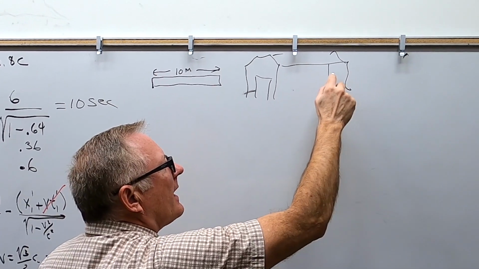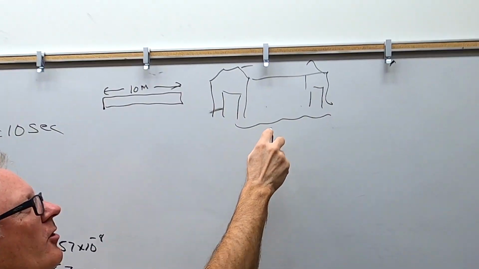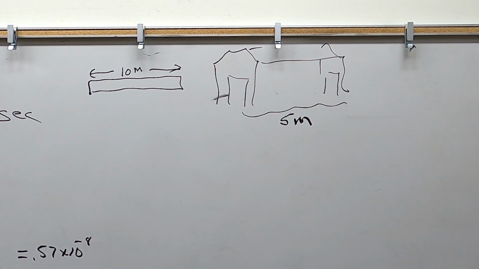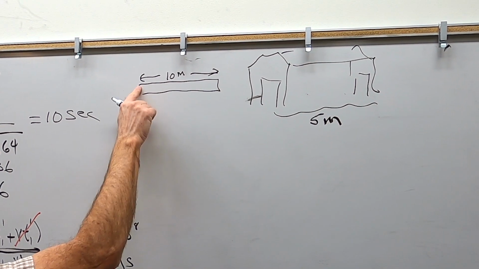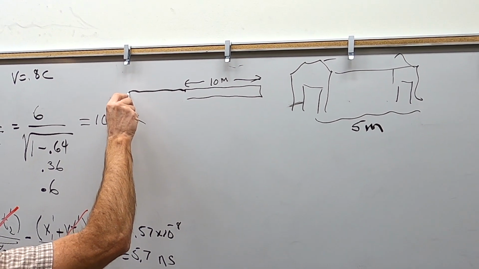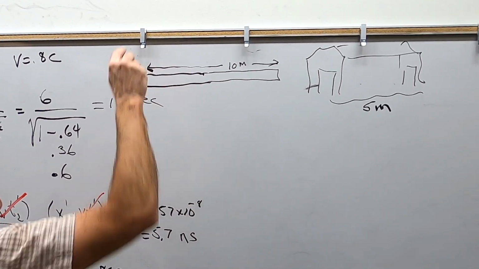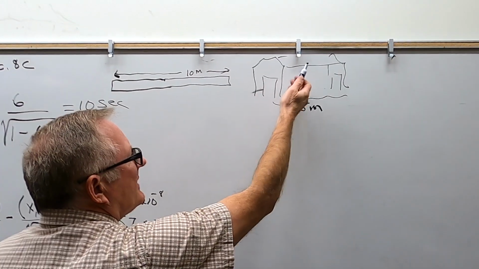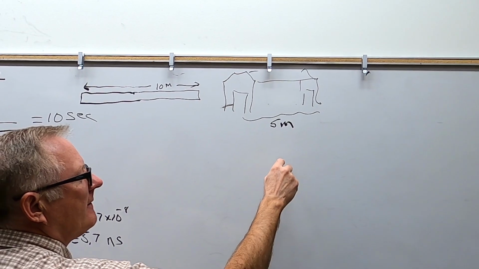So here's the back of the barn. Now the depth of the barn is only 5 meters. I didn't draw this to scale, I should make this one like twice that long. So here's 10 meters. Now, we're standing here. I guess this is relative to Frank. Frank is standing here by the barn.